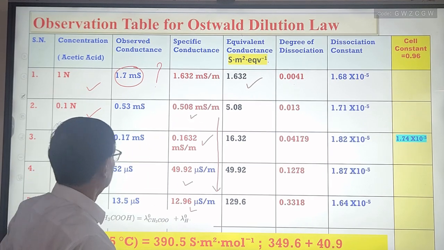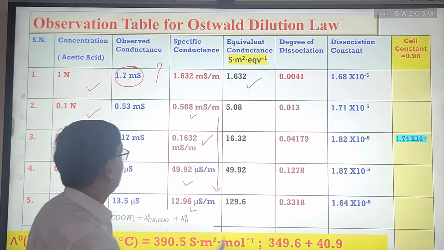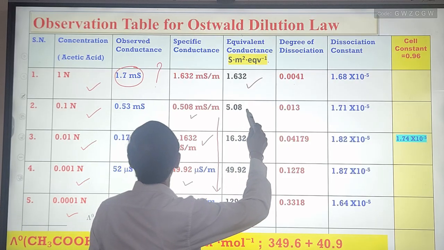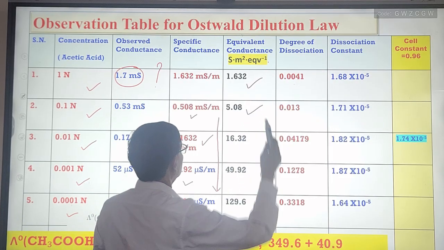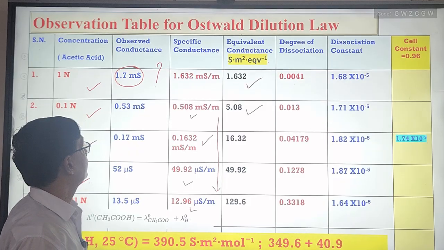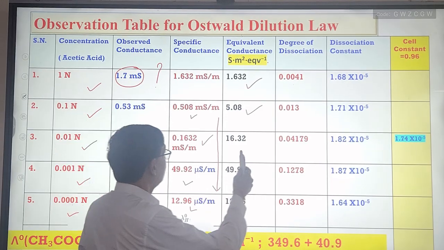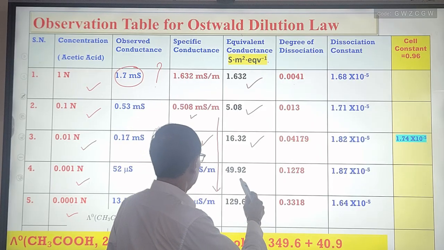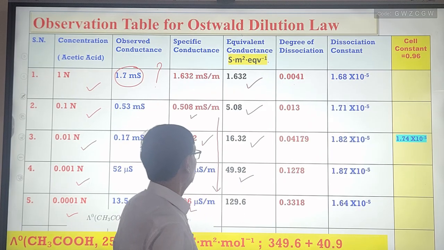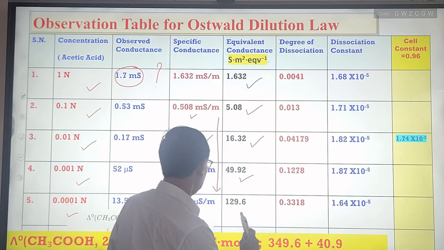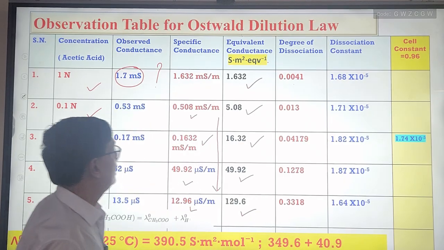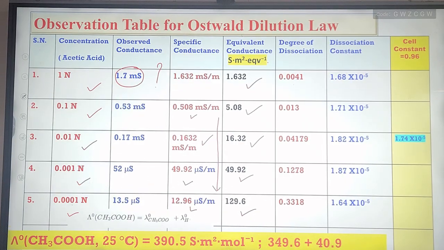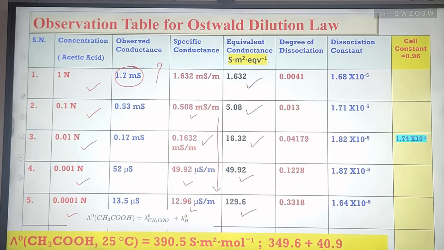Then for the second case it is 5.08, then 16.32, then 49.92, then approximately 129.96. Now it is very important data.